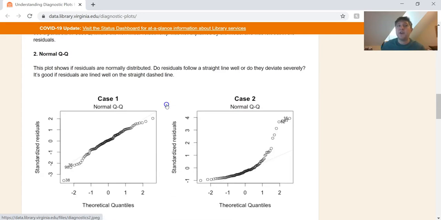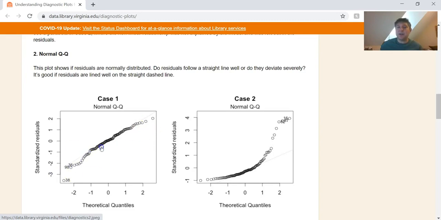We can use a QQ plot to assess the normality assumption. On a QQ plot, we plot the observed values of the residuals against a theoretically known distribution, like a normal distribution. Perfectly normally distributed residuals would fall along a 45-degree line here.